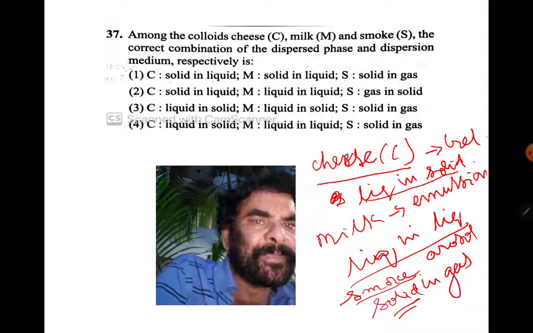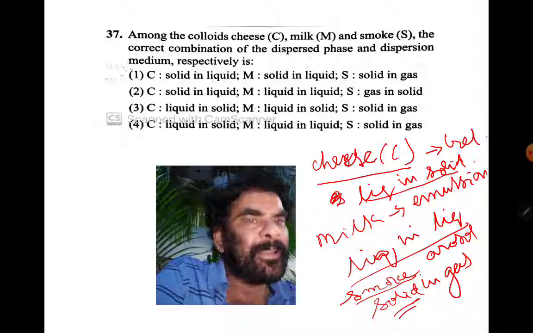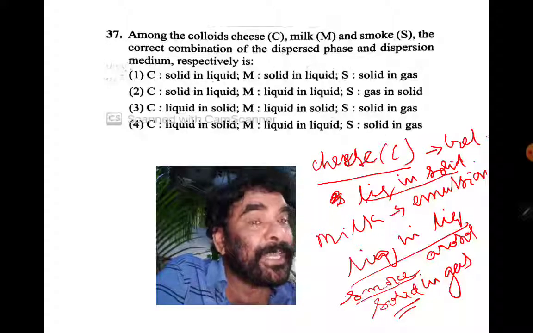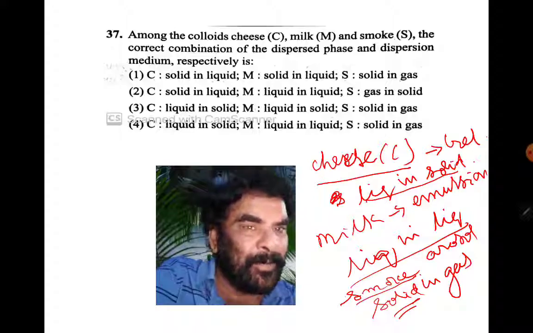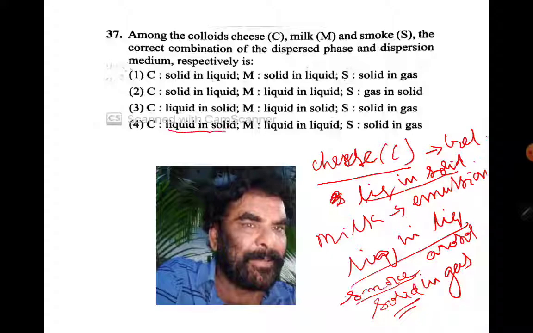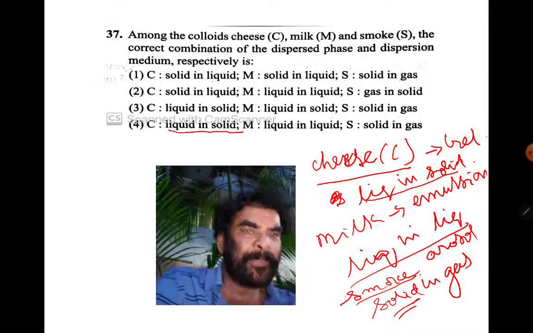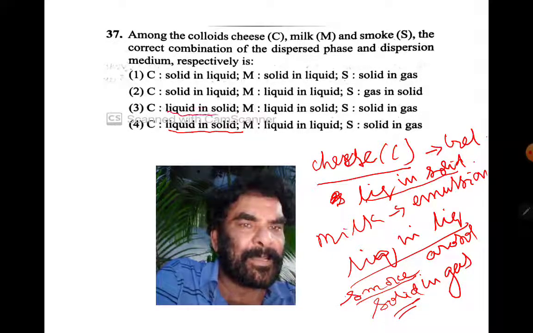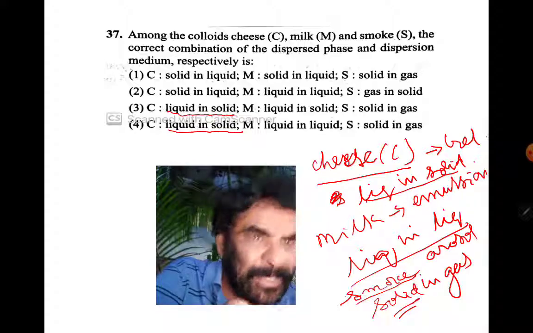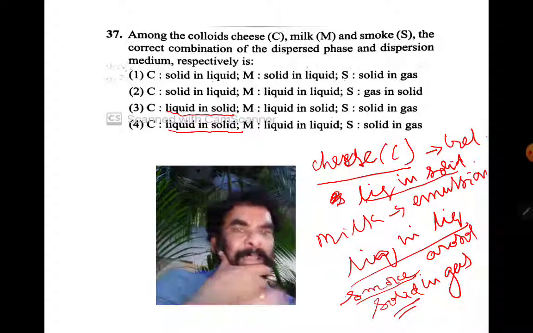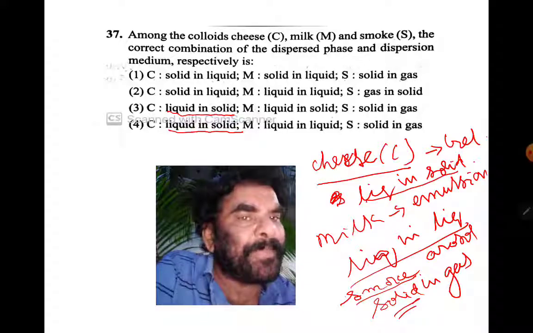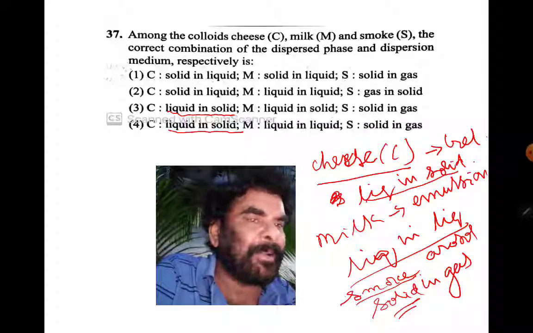Now you check which is correct. So cheese, solid in liquid, not. Cheese is a liquid in solid; liquid is the minor component and solid is the major component. This is correct. Dispersed phase is liquid and dispersion medium is solid.